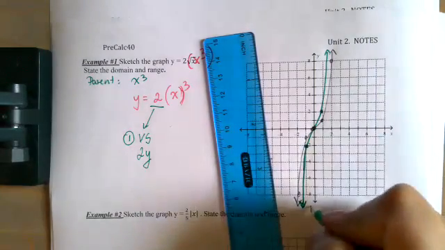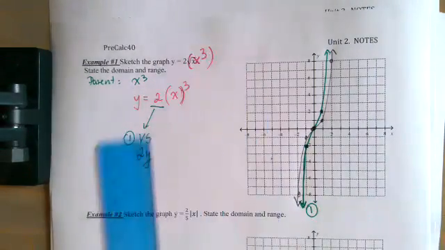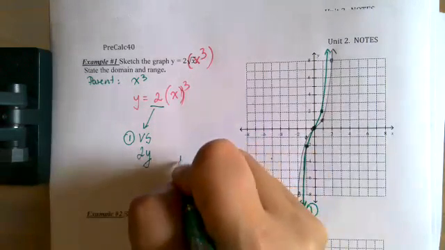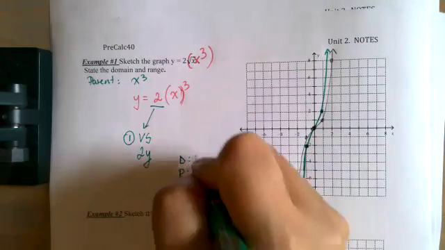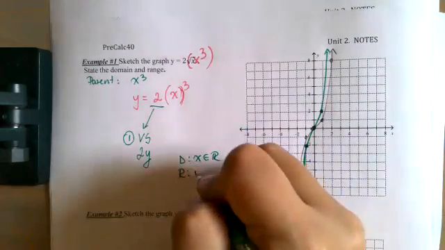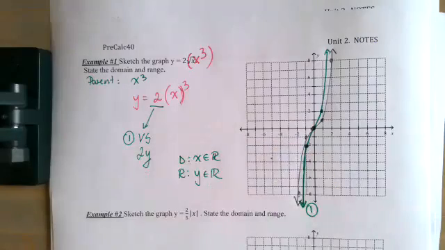And then we label it. The domain and range for all cubic functions are always going to be the same. X belongs to the real numbers, Y belongs to the real numbers.